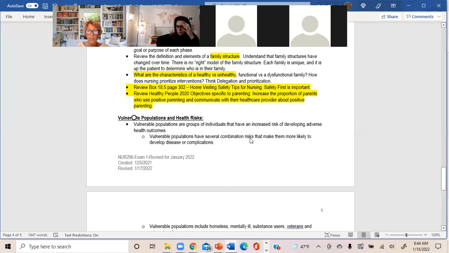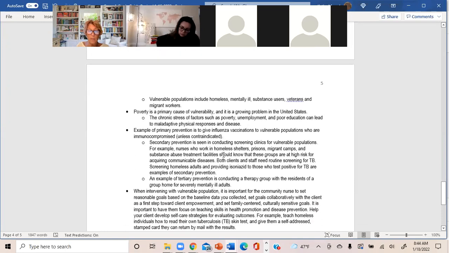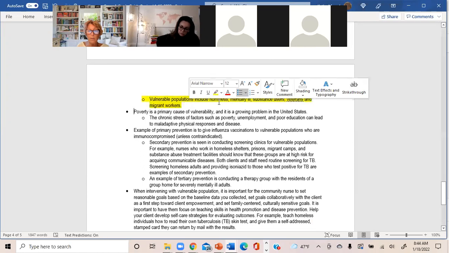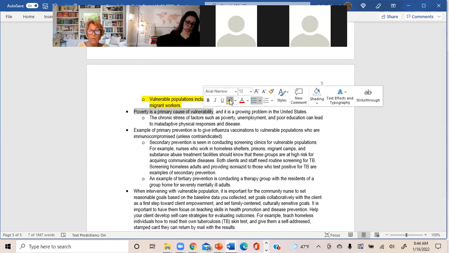Vulnerable populations have several combination risks that make them more likely to develop disease and complication. Here are examples of our vulnerable populations. We've already talked about some of these: homeless, mentally ill, substance abusers, veterans, migrant workers. Here's that big statement: poverty is the primary key to vulnerability.